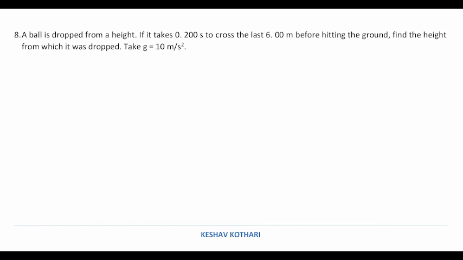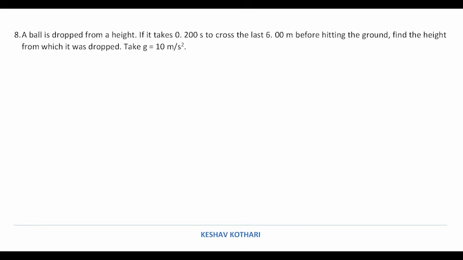A ball is dropped from a height. If it takes 0.2 seconds to cross the last 6 meters before hitting the ground, then find the height from which it was dropped. So the question is saying that the ball takes 0.2 seconds to cross the last 6 meters.